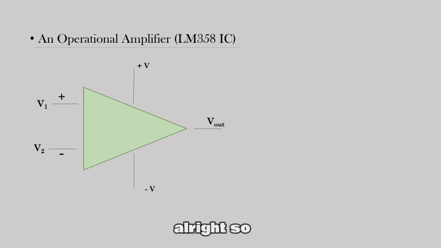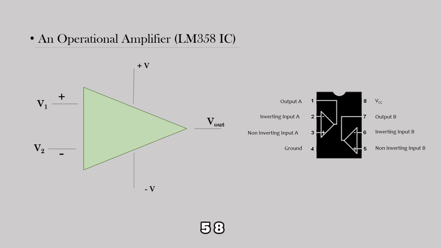Alright, so for the LM358, from the datasheet, the open loop gain should be about 100,000. For example, if you have 20 millivolts on your non-inverting pin, the positive pin, and you have 10 millivolts on the inverting pin, of course we're going to have an output because the non-inverting is greater than the inverting.